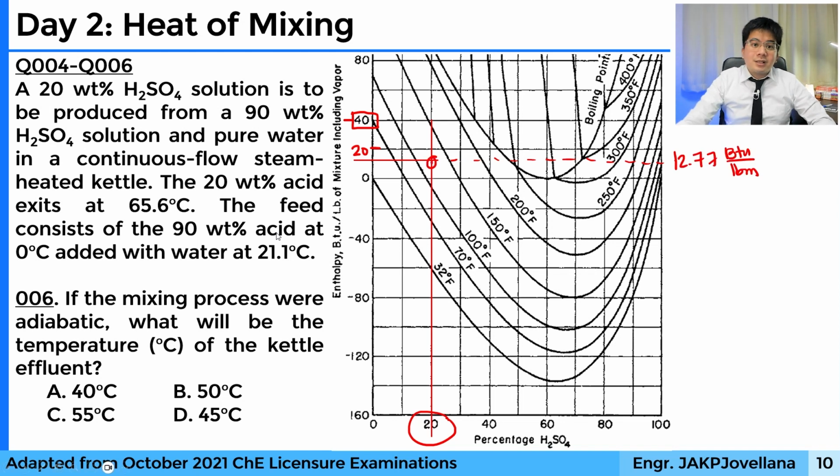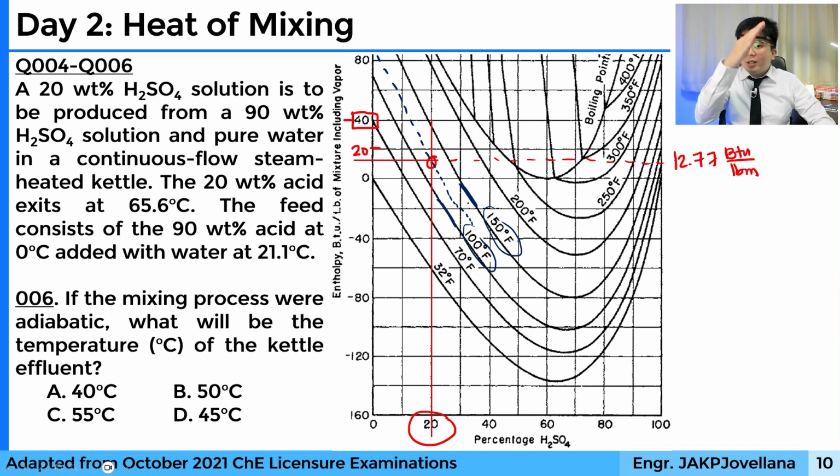So since it does not fall on any of the isotherms, we need to approximate its temperature. So we can see from the plot that it is between 100 degrees Fahrenheit and 150 degrees Fahrenheit. We can somehow approximate an isotherm that passes through this point.